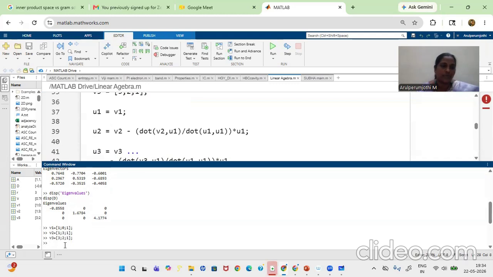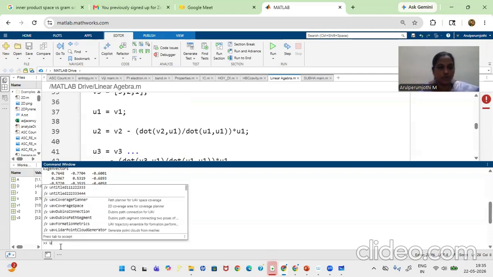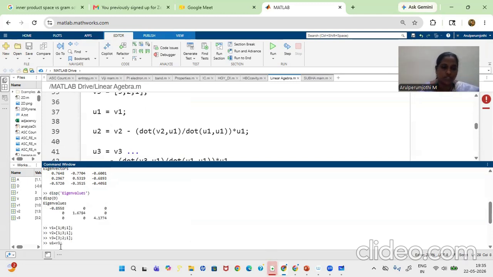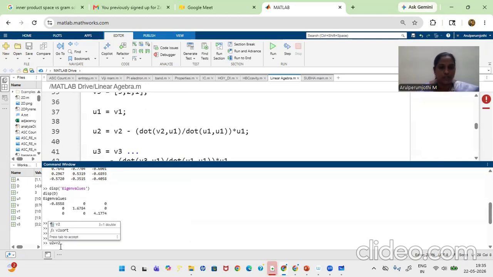Now we are going to give the formula. What is the first step? U1 is equal to V1. So MATLAB reads U1 is equal to V1. Similarly, U2 is equal to V2 minus the inner product of V2 comma U1, which is nothing but the dot product of V2 comma U1.